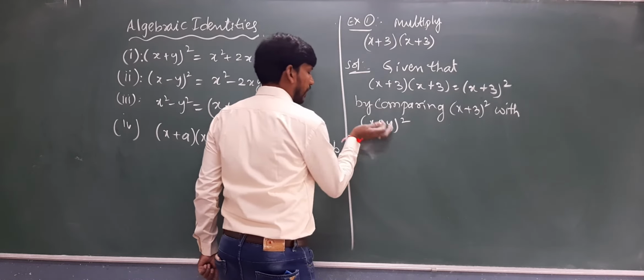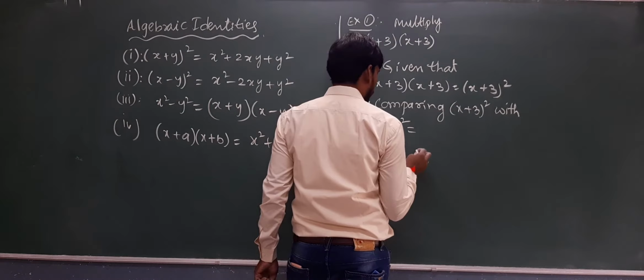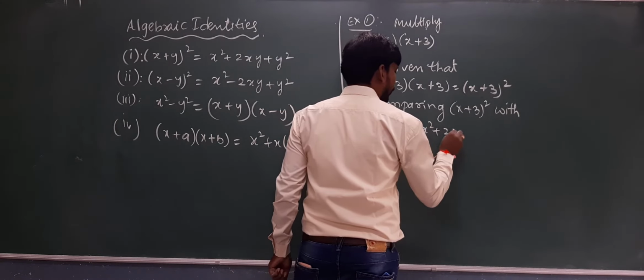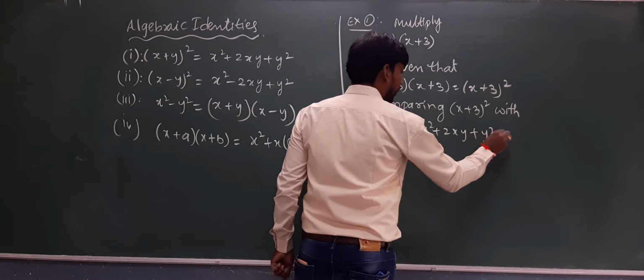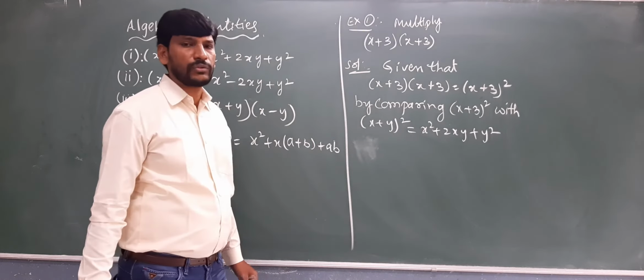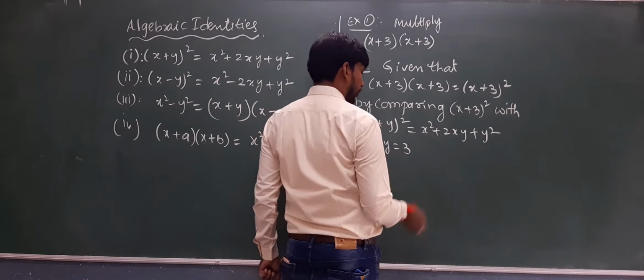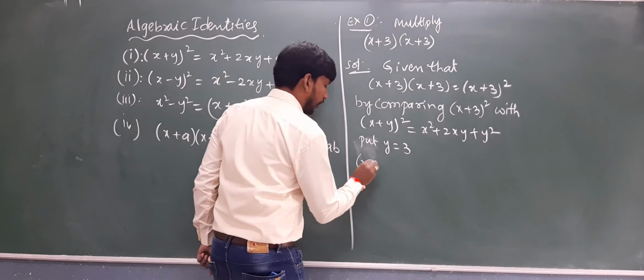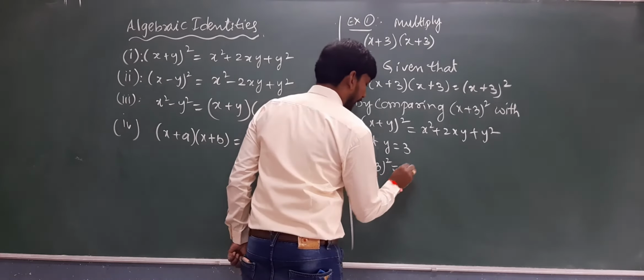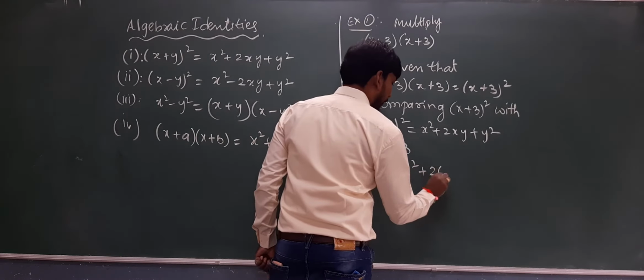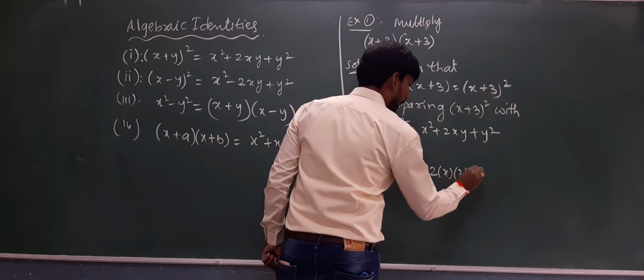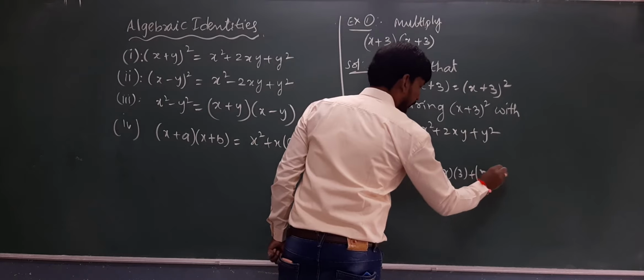First of all, write down the expansion. x plus y whole square is equal to x square plus 2xy plus y square. In the place of y we have 3, so put y equal to 3 in this expansion. You will get x plus 3 whole square is equal to x square plus 2 into x into 3 plus 3 square.